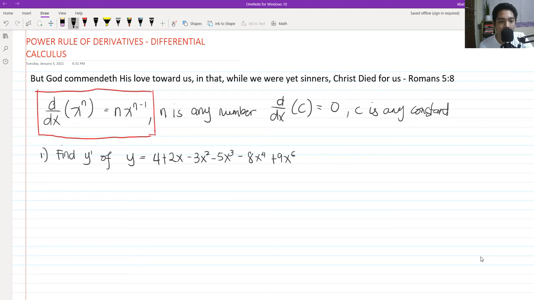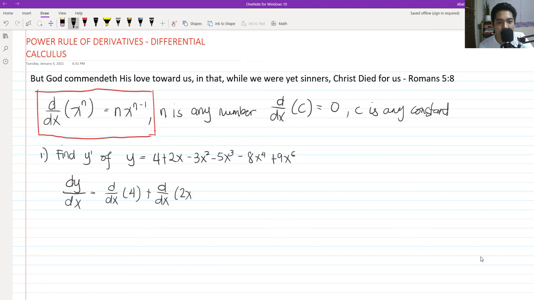The very first thing we're going to do is get the derivative of y with respect to x, since our function y is expressed in terms of x. So the variable could be changed. How are we going to differentiate that? We're going to differentiate each of the terms with respect to x.